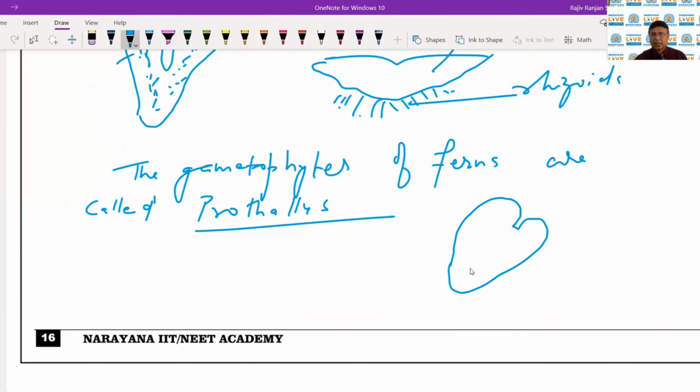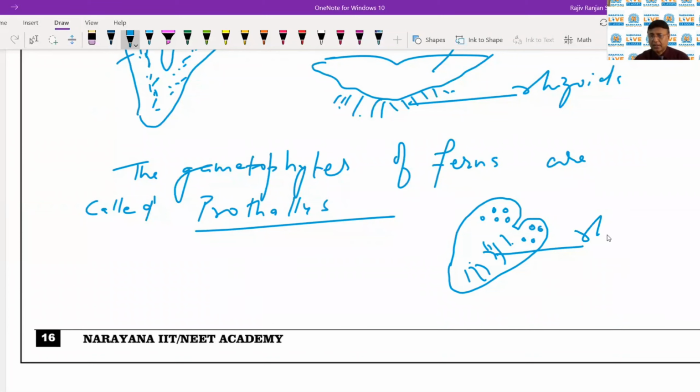And on the undersurface of the prothallus, there are rhizoids which anchors it to the ground and absorbs water and mineral. So prothallus of the ferns are self-dependent. They are green in color, and they just contain the archegonia and antheridia in the archegonial and antheridial chamber on the undersurface.